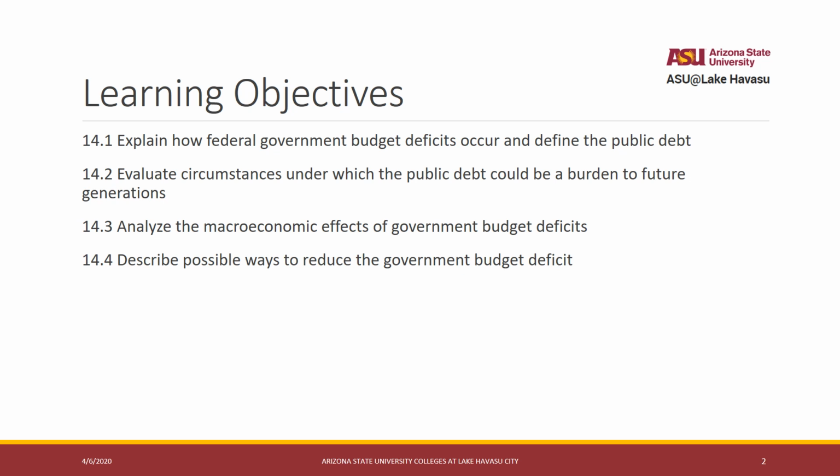In this chapter, we have four learning objectives. First, to explain how the federal government budget deficit occurs and define the public debt. The second objective is to evaluate the circumstances under which the public debt could be a burden to future generations.